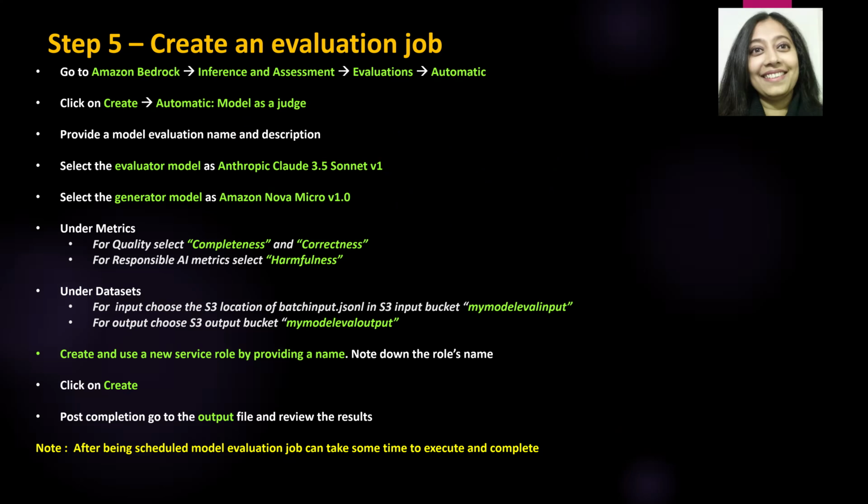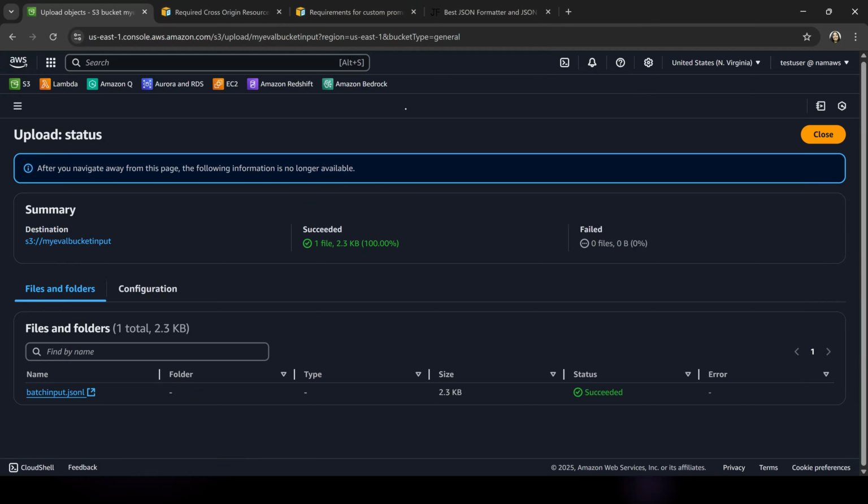So in step 5, we will go to Bedrock and we will go to inference and assessment, evaluations, and go to automatic and create a job over here under automatic model as a judge. So let's go here, go to Bedrock.